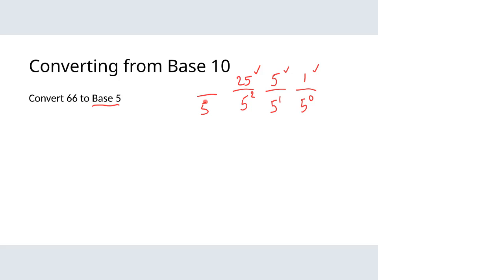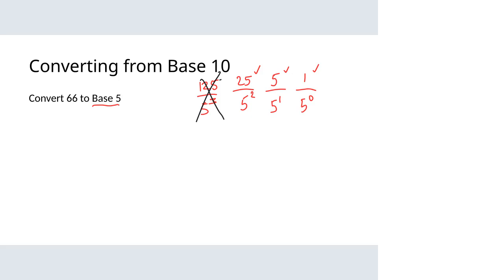What's the next one over? 5 to the third would be 125. Well, the number I'm converting is 66. So once I find a place where this number is bigger than what I need, I'm not going to need those at all. That's how you know when to stop.